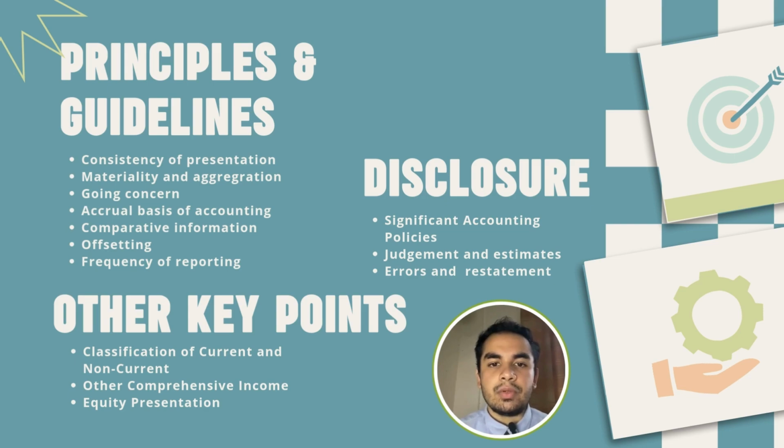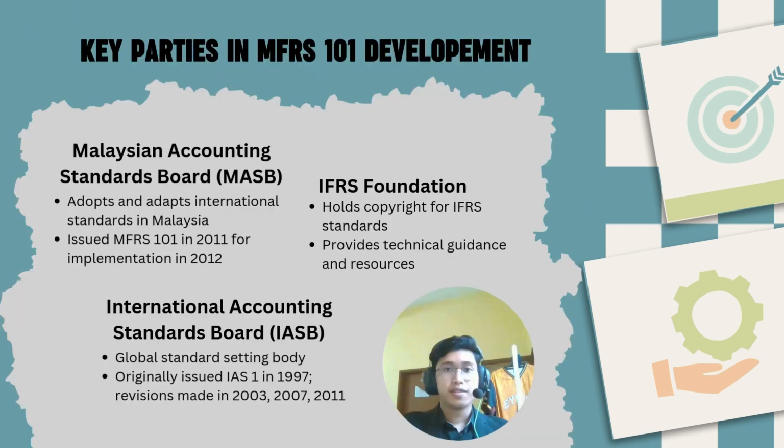This is very important because it allows users to understand assumptions made in the preparation of financial statements. Finally, any errors or misstatements must be disclosed, especially if this will affect the comparability of the statements over time.